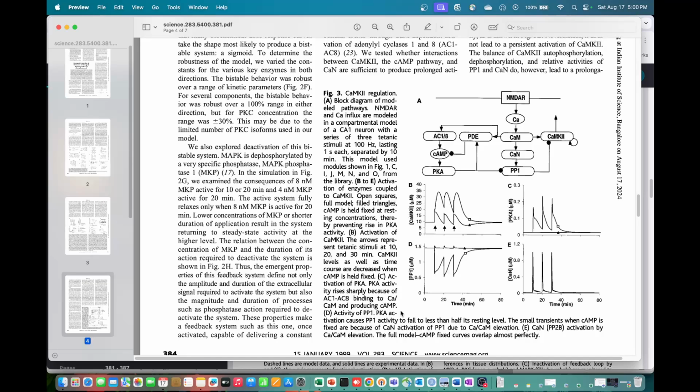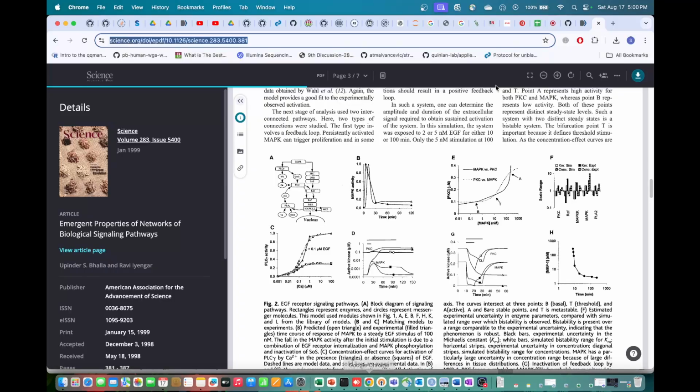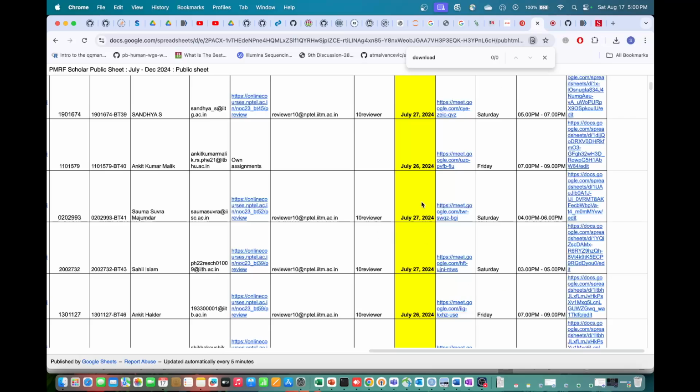So if you have a feed forward loop, what is the particular type of behavior that you'll notice? If you have a positive feedback loop, what is the kind of behavior you'll notice? If you have a negative feedback loop, what is the kind of behavior you'll notice? If you remember from last class, just go back to my slides from the last class.